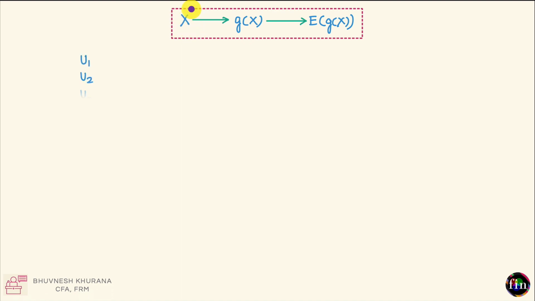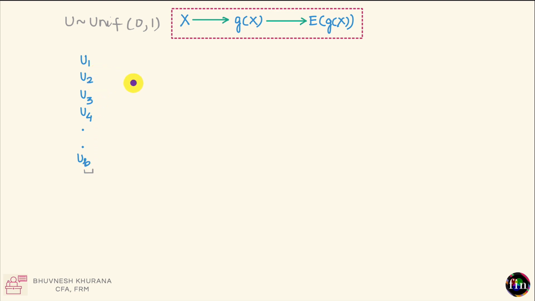To do this, we start by simulating many values of a random variable u, which follows the uniform distribution with lower limit 0 and upper limit 1. Please note that all these replications for u are independent of each other.